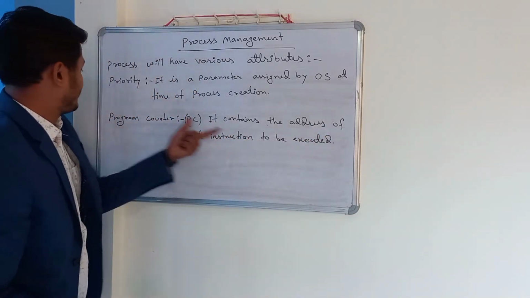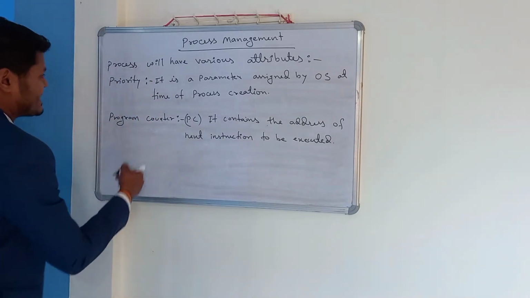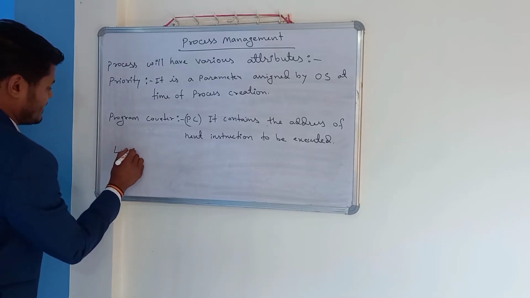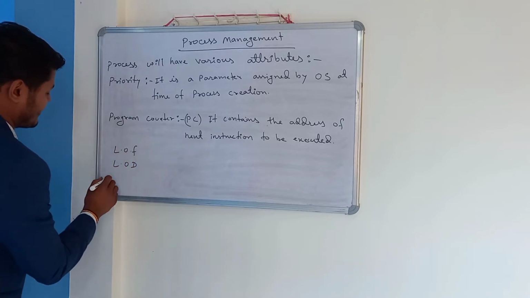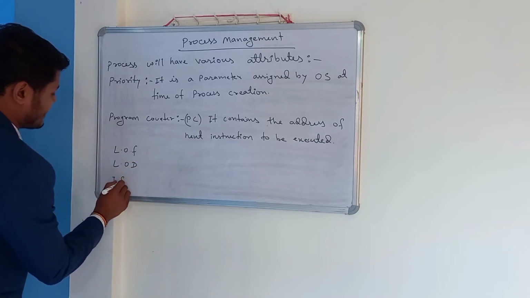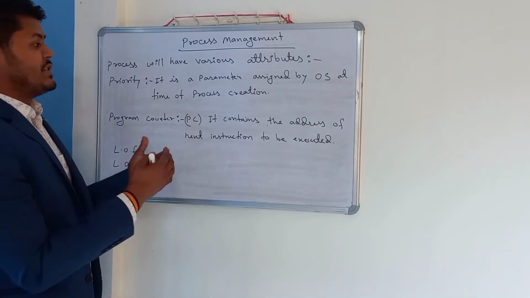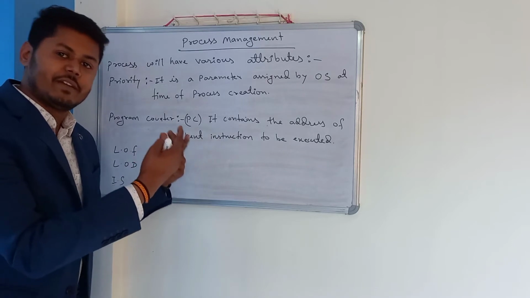This is the work of the program counter. There are various other attributes also, like list of open files, list of open devices, information security, but we saw some of them. In the next discussion, we'll see context of a process.